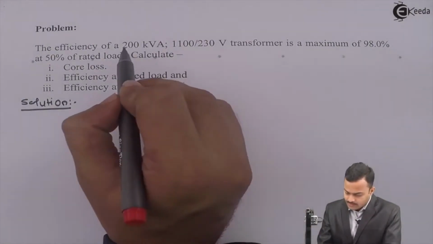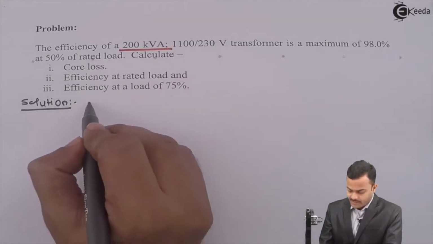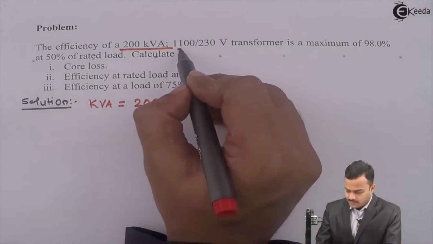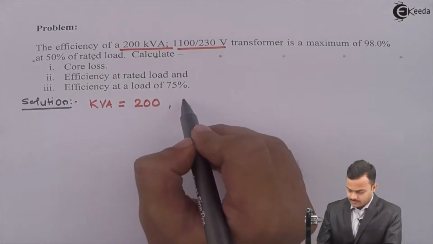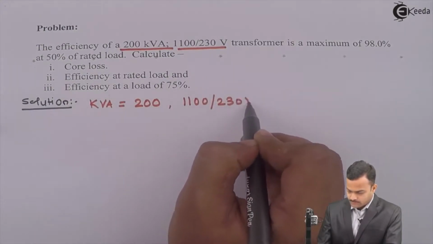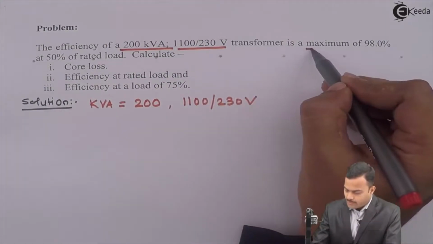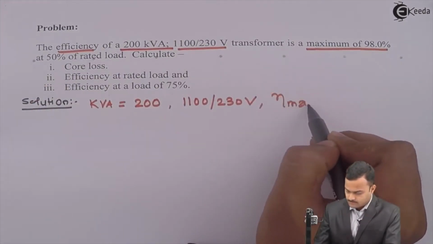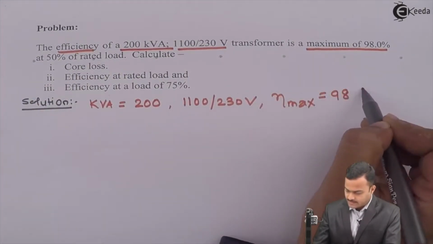What they have given: a transformer kVA is given, 200, EMF ratio is given, 1100/230 volt, and a very important part, that is maximum efficiency is 98%.